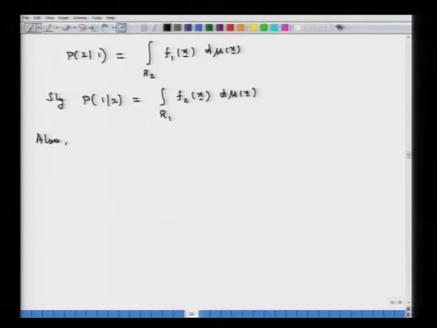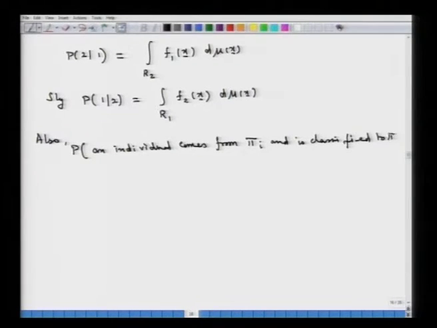Also, if we look at this probability that an individual comes from pi I and is classified to pi j, note that this is different from P j given I. What is this?